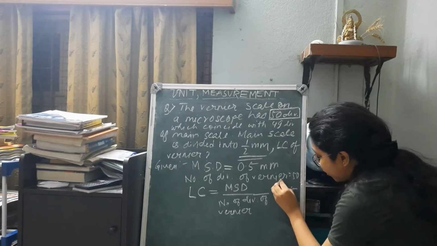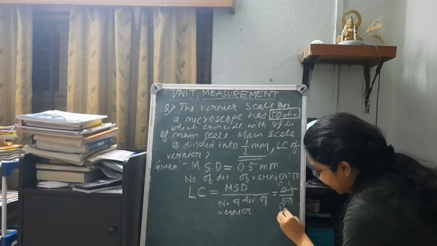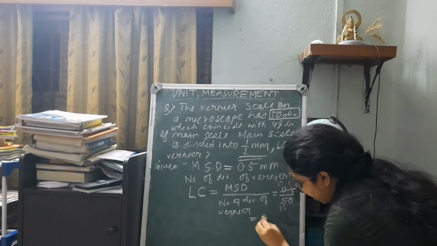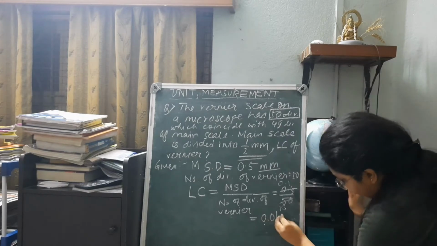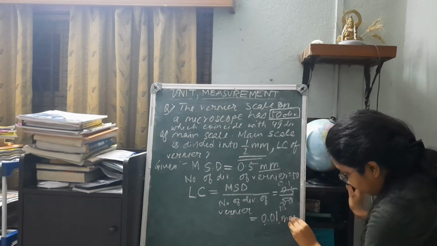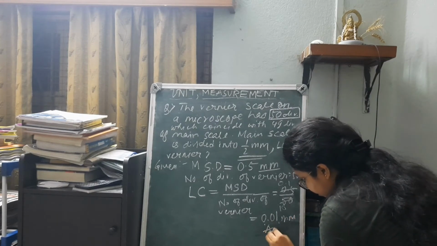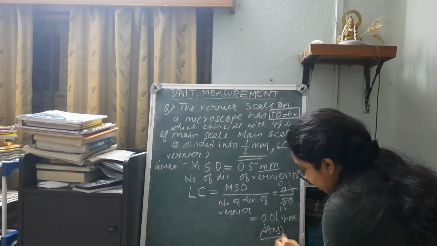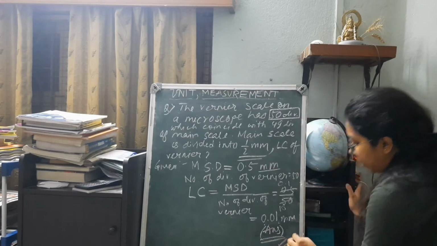So that is 0.1 by 10, which is nothing but 0.01. So the unit here is millimeter. Mentioning the unit is very important.